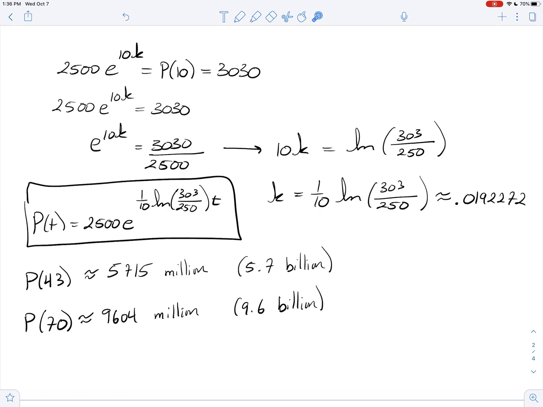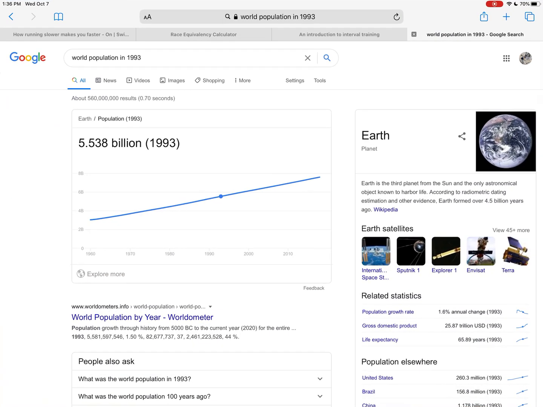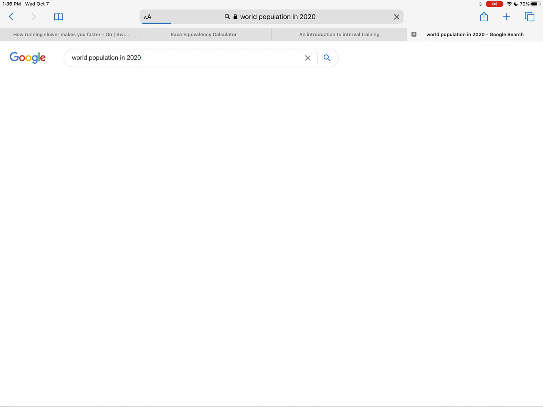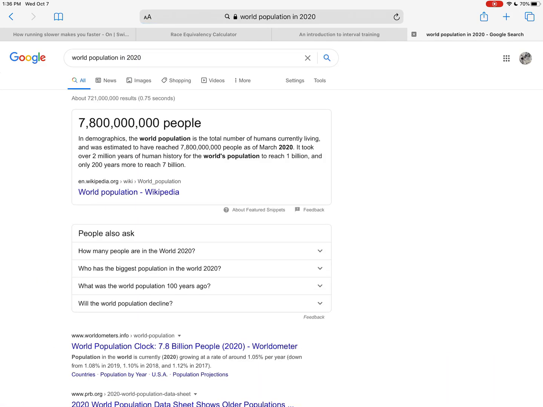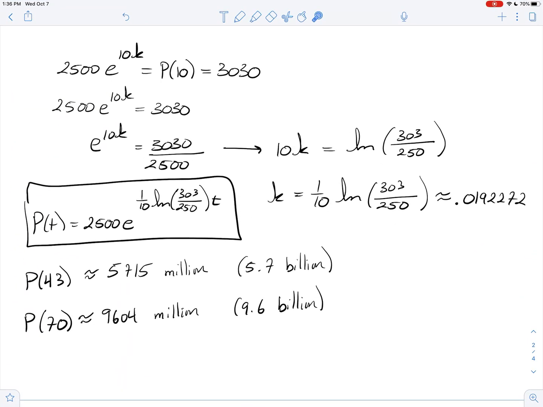Now let's see how we did with 2020, because that's a pretty big jump for this model. I don't know how accurate it's going to be. Let's see, 2020. We get 7.8 billion people. So we really overshot. And if you think about it, that actually makes sense. And this is sort of the sad reality of the world that we live in.